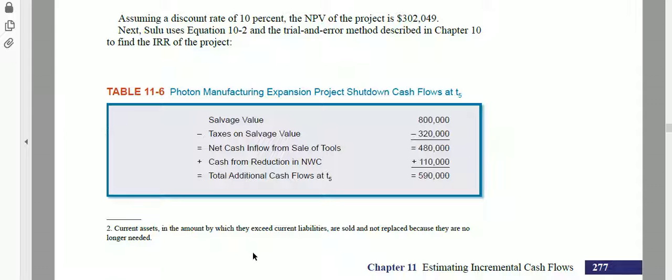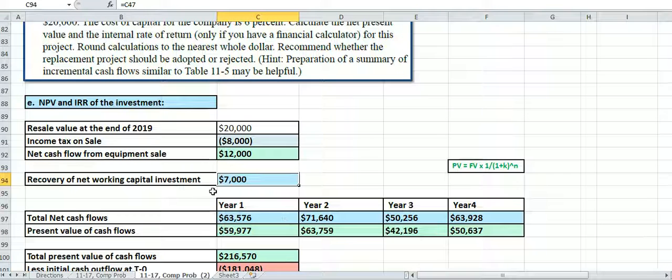So that's why I said that we can maybe assume that these current assets that we're selling here, in order to recover our $7,000 in working capital, could just be our excess inventory. Okay. All right. So let's finish up here.